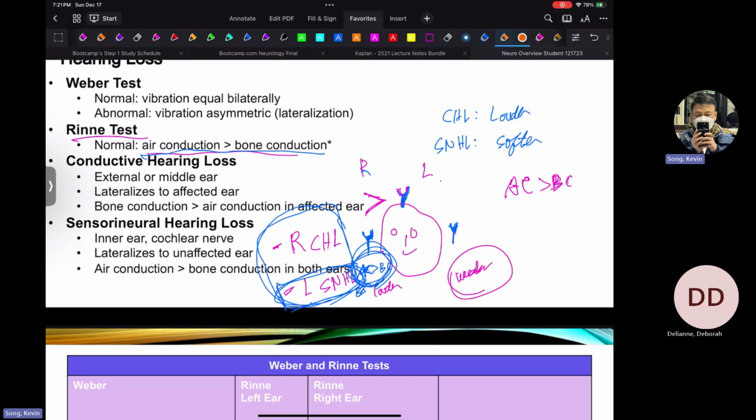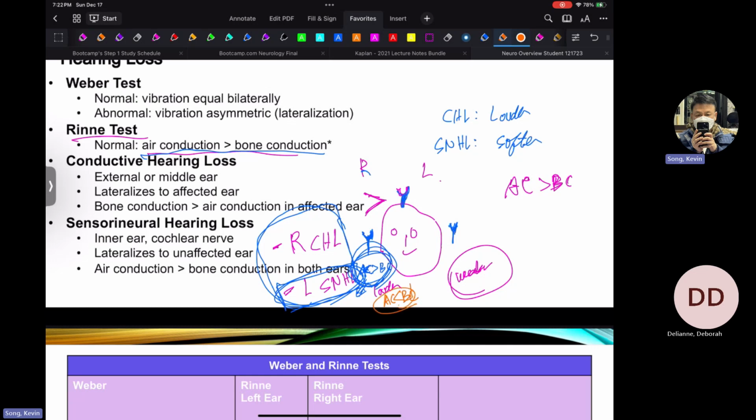On the other hand, if AC was less than BC on this side, let me just erase this. Yes, AC was less than BC. What does that mean? It was not supposed to happen, so the right side is the problem.